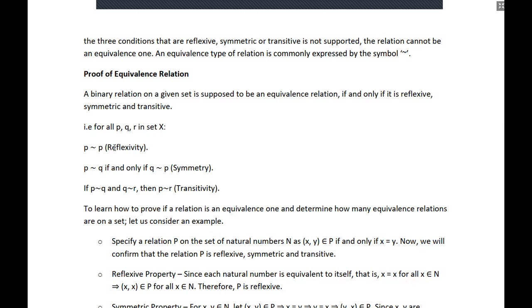This property is called reflexivity. P is related to Q if and only if Q is related to P. This property is called symmetry. If P is related to Q and Q is related to R, then P is related to R. This is called transitivity.